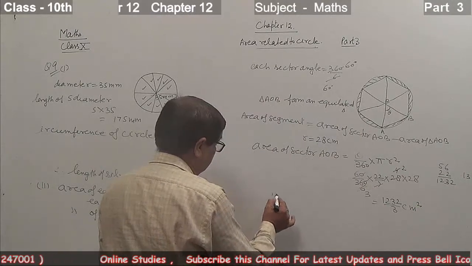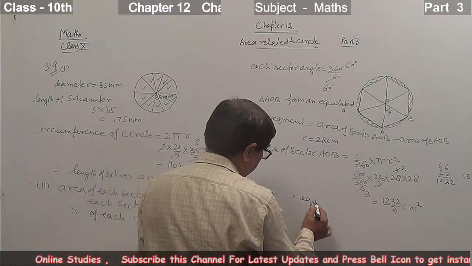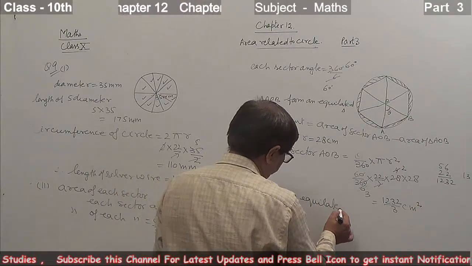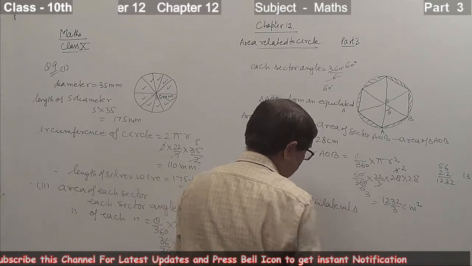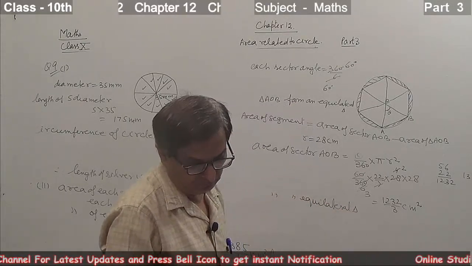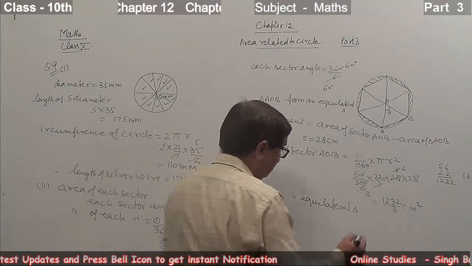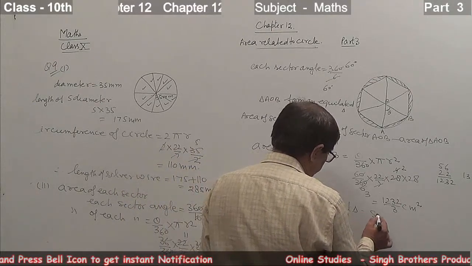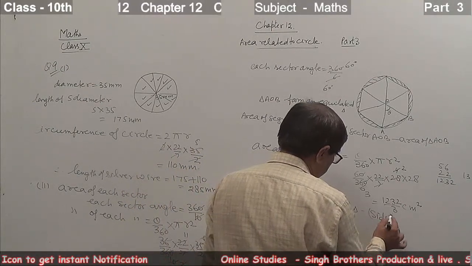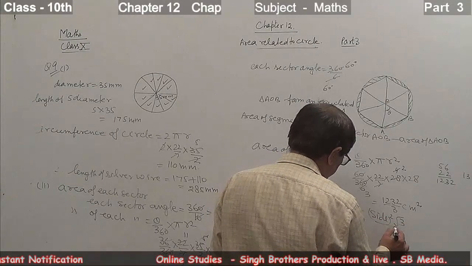The area of an equilateral triangle is side square root 3 upon 4.